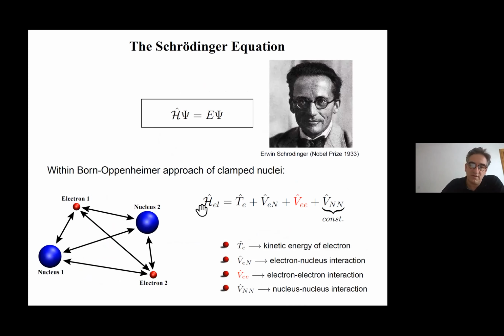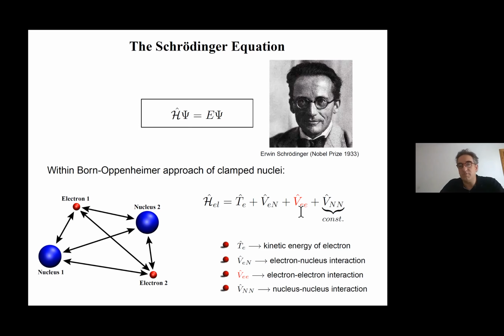And then the Hamilton operator reduces to the electronic Hamilton operator, which consists of the operator for the kinetic energy of the electrons, the electron-nuclear interaction, and the electron-electron interaction. The key problem is the electron-electron interaction.